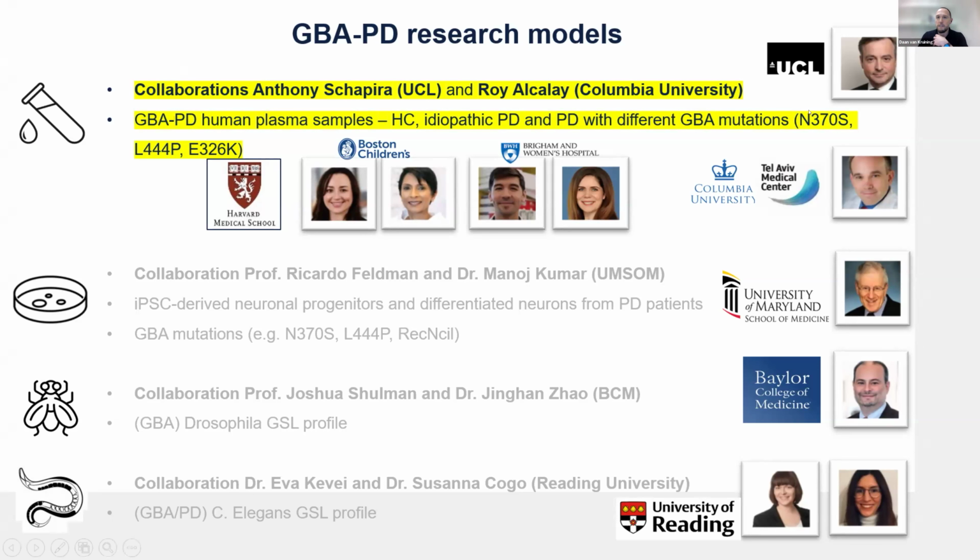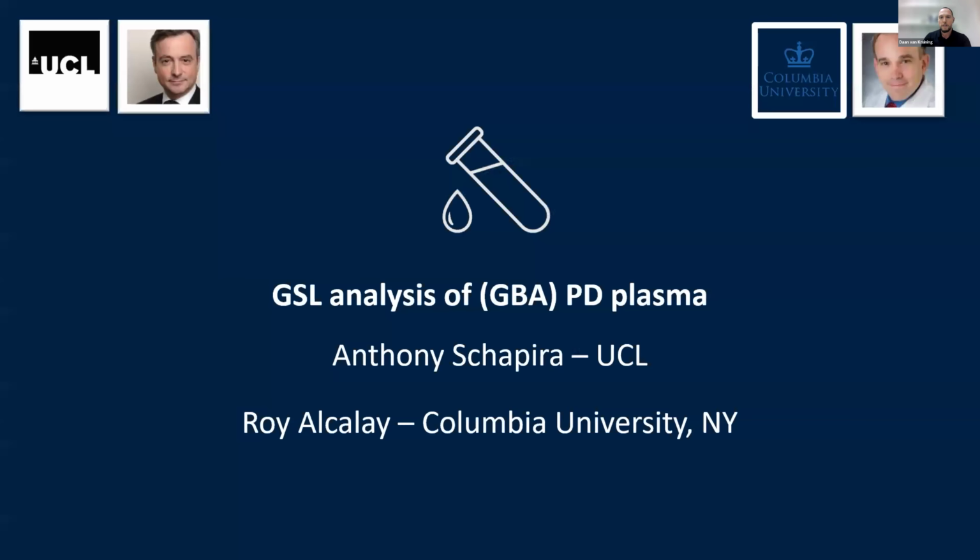This is in collaboration with plasma samples from Columbia University with Dr. Ray Alcalay, and we are now collaborating with Steen Lab and with Velling Lab to share these plasma samples so that we can do a multi-omic analysis, but they will also talk a little bit more about this.